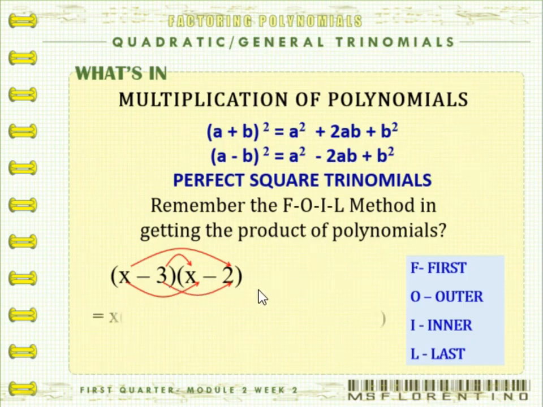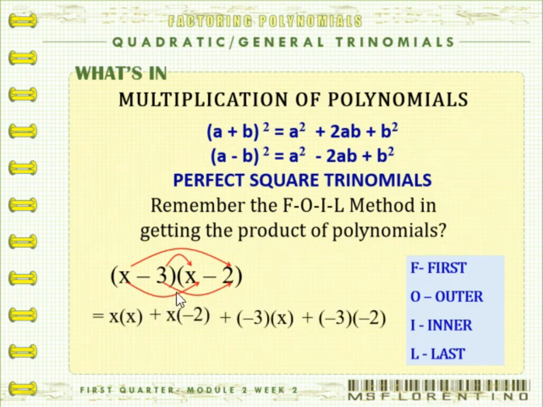With the FOIL method, we multiply the first term, x, with x. The outer term, x times negative 2. The inner term, negative 3 times x. And for the last term, negative 3 times negative 2. We simplify, and what we get is x times x is x squared.